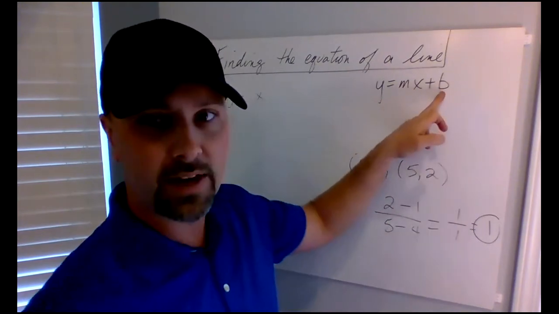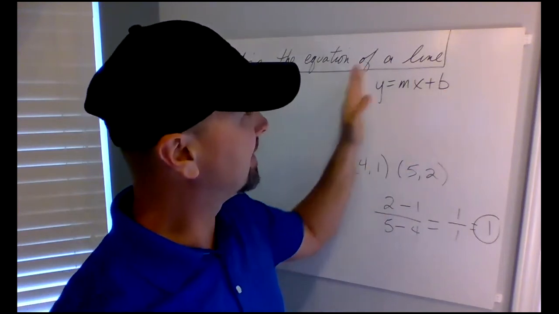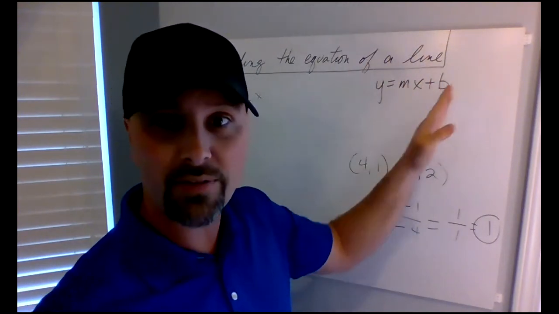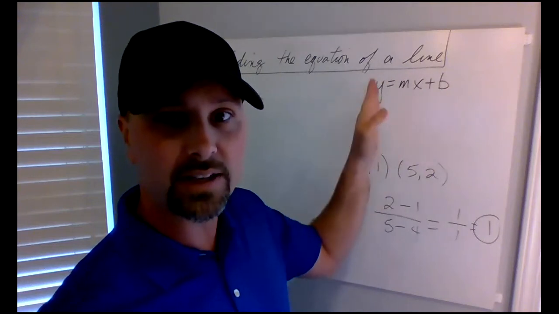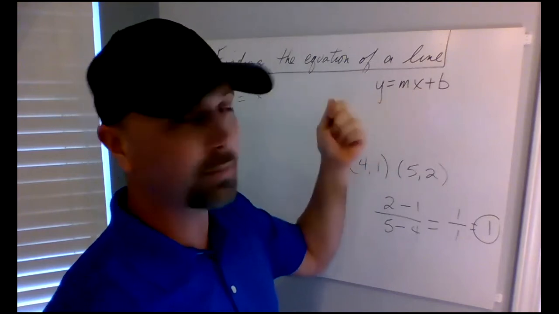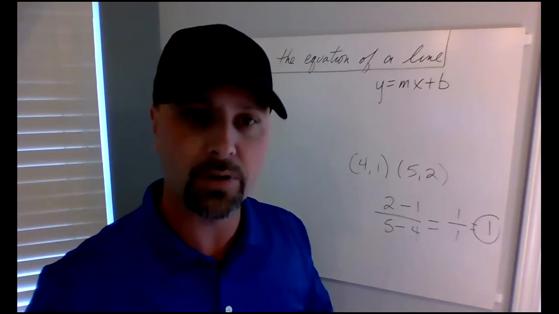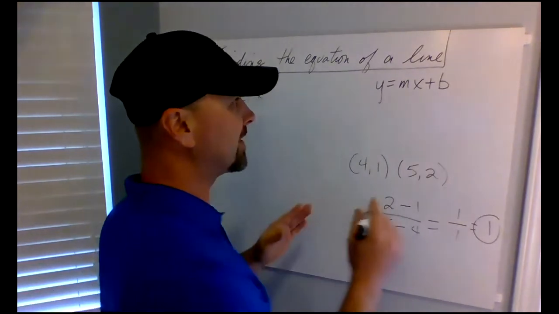So now we need to find the b. We don't have a way to do it though, except we do, okay? We have everything in this formula. Everything in this equation, we can put something in there and leave out the b to solve for b. Okay, I know that wasn't really clear, but let's take a look.